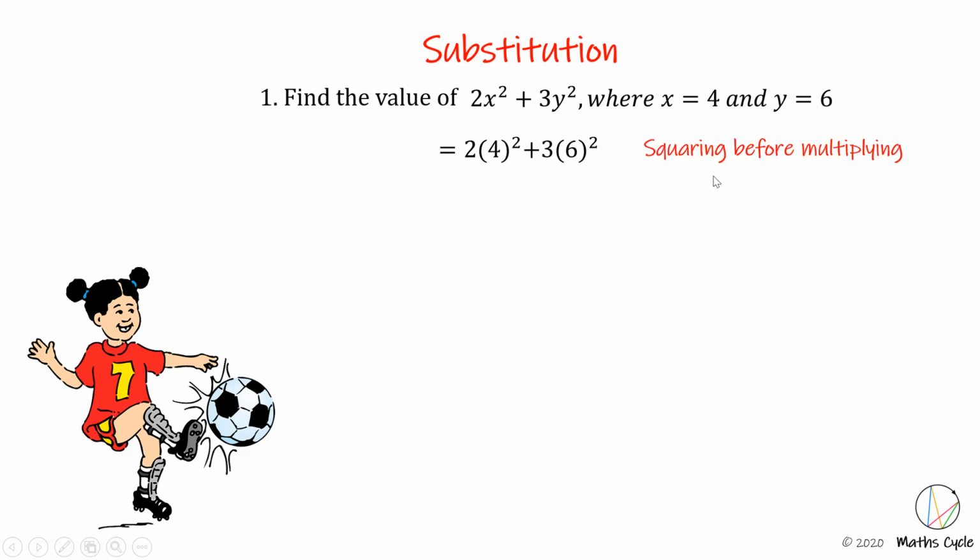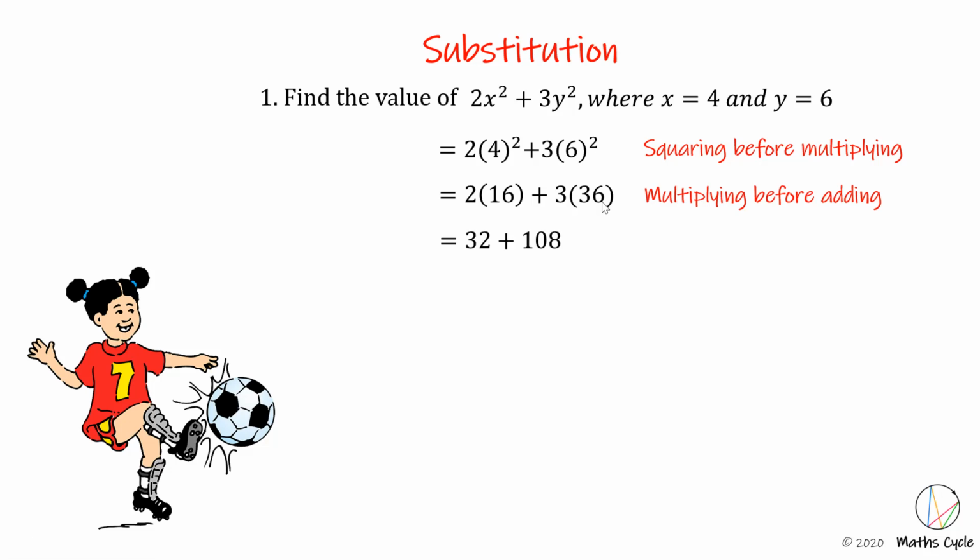So let's square first. So 4 squared is 16 and 6 squared is 6 by 6 is 36. Now we're allowed to multiply. 2 by 16 and 3 by 36. Okay, so that's 32 plus 108. And then finally we're allowed to add. So 32 and 108 is 140.